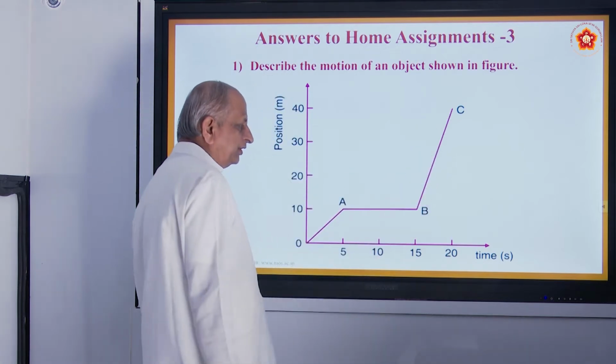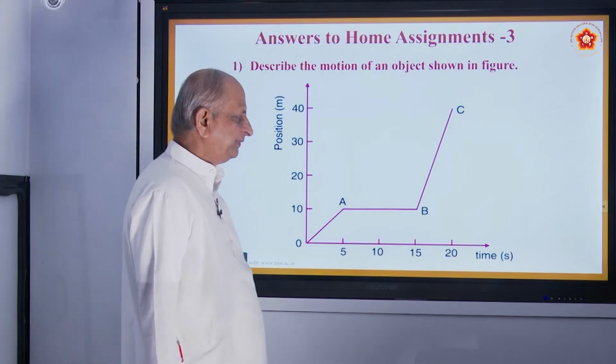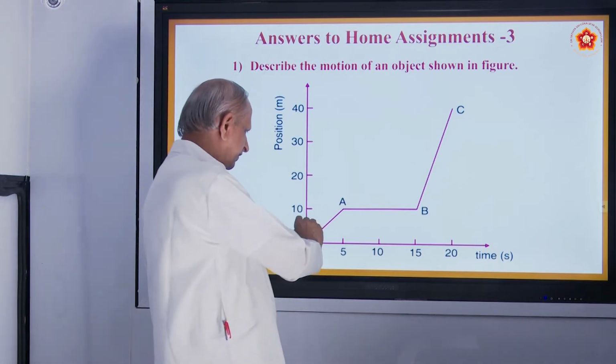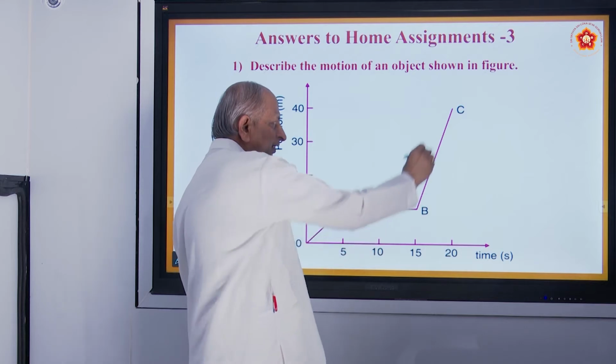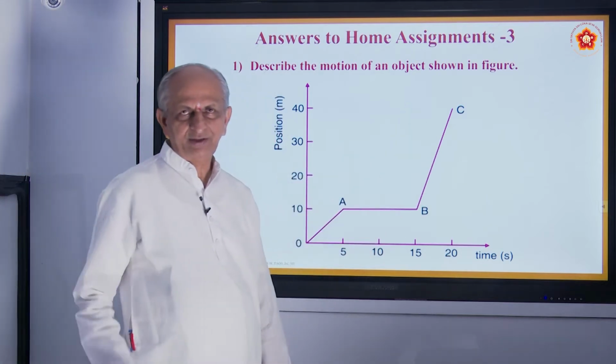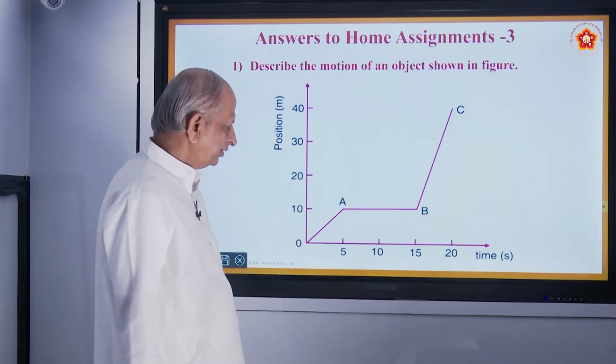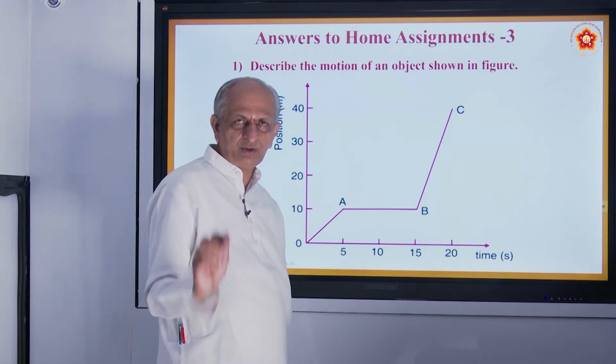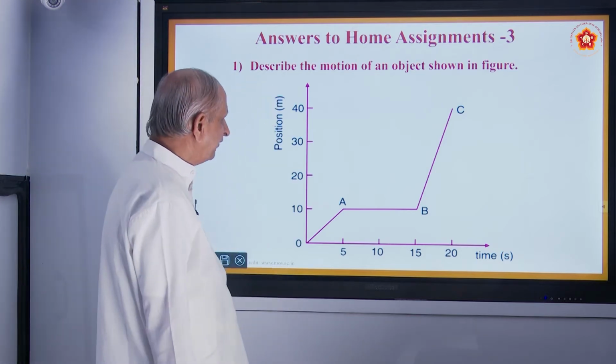Therefore we say it is not in constant speed. Speed goes on changing. Here it is steady, here it is at rest, here again it is steady, like that. So there is change. So it is not uniform motion. So that is what we can make out by seeing the graph.